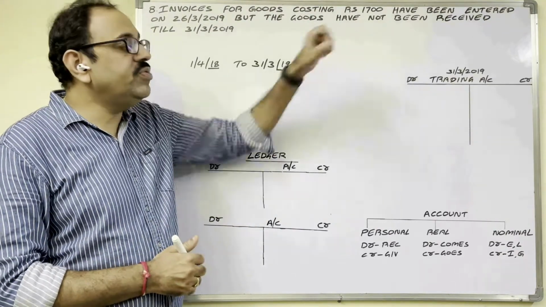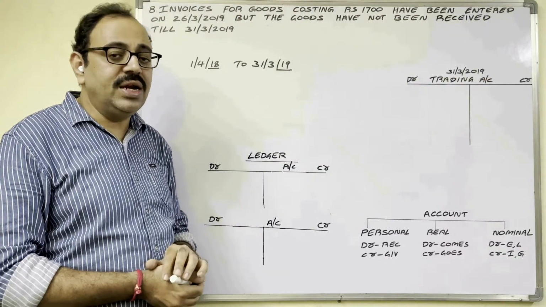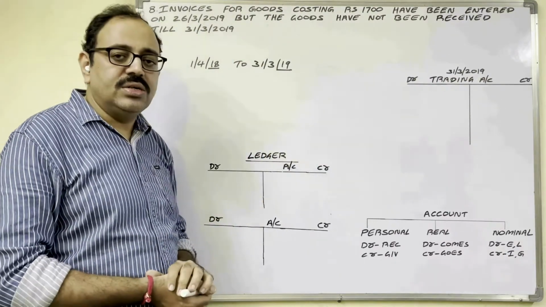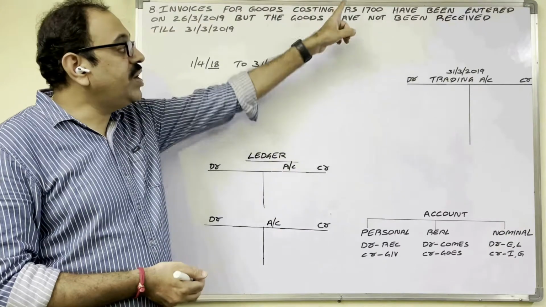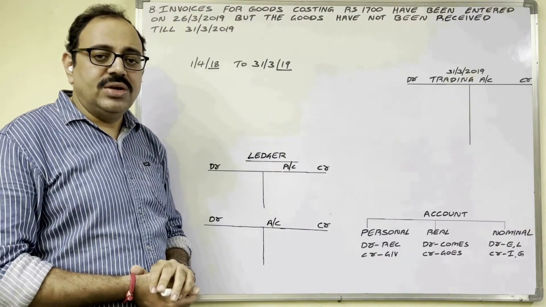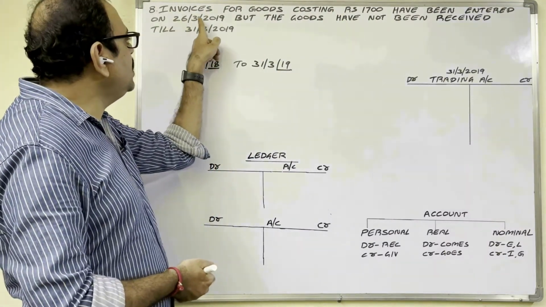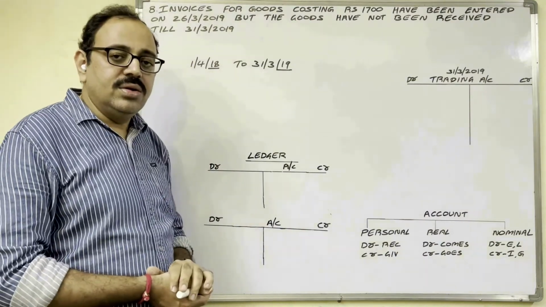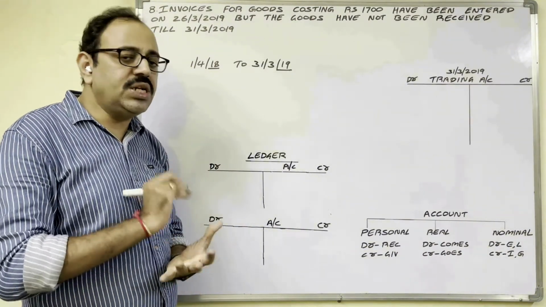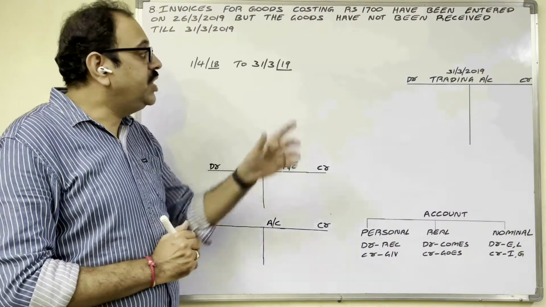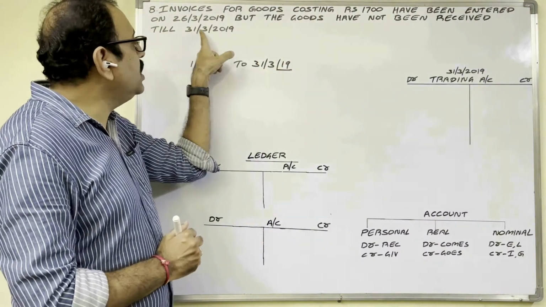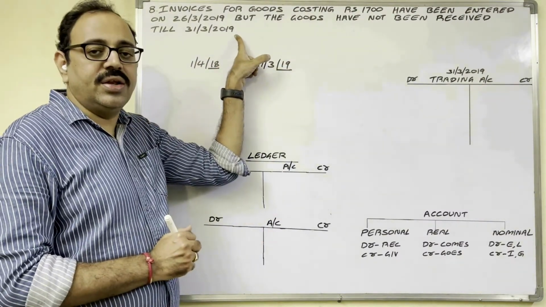So as the word received is given, we should understand that this is purchase transaction. Purchased goods for 1700 rupees. When? On 26th March 2019, we recorded that purchase transaction in the books. But these goods have not been received till 31st March 2019.